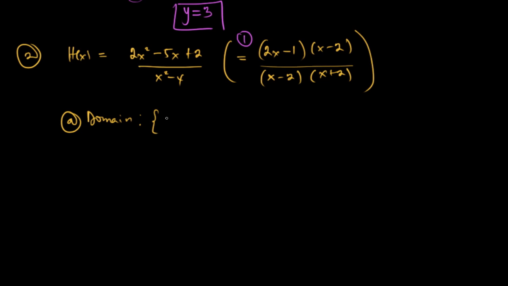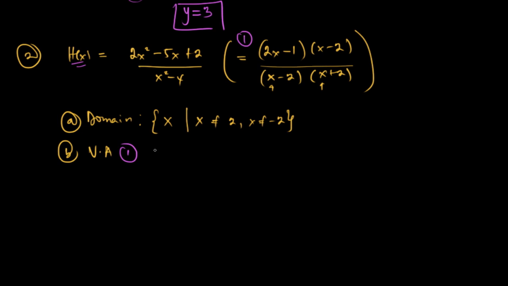So the domain is just going to be x, all real numbers excluding the zeros of the denominator, that's excluding 2 and excluding negative 2. Now to find the vertical asymptote, the very first step is you want to write the rational function in its lowest term.